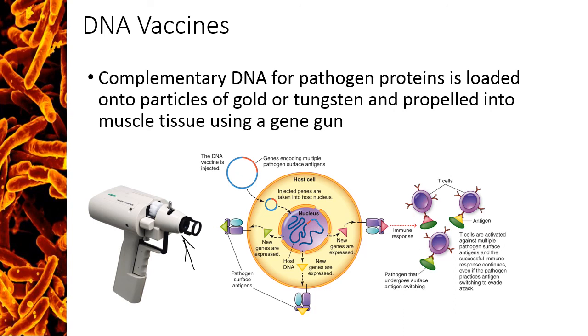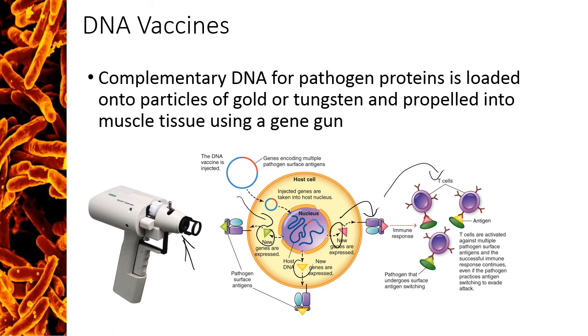And that DNA gets into our cells, which are able to transcribe and translate it into protein. So here you can see the DNA gets into our cells, which transcribe and translate those proteins. They get expressed out on the MHC1. That MHC1 then activates T cells and induces the adaptive immune system response.